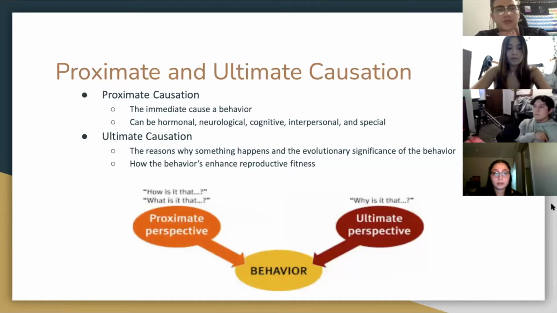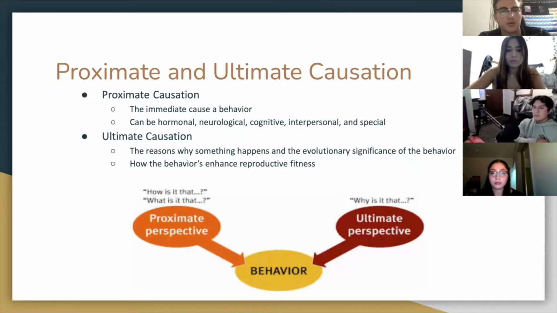And now we're going to get into proximate and ultimate causation. Proximate causation is the immediate cause of behavior, and it can be hormonal, neurological, or cognitive; any of those can trigger it. Some questions that we ask are, how is that happening, or what is the reason for that happening?